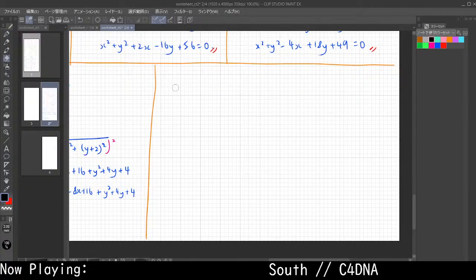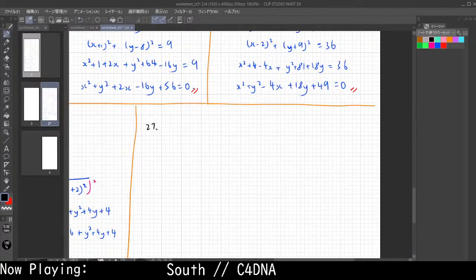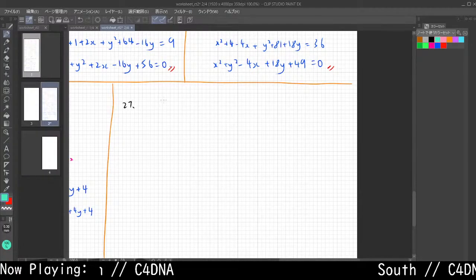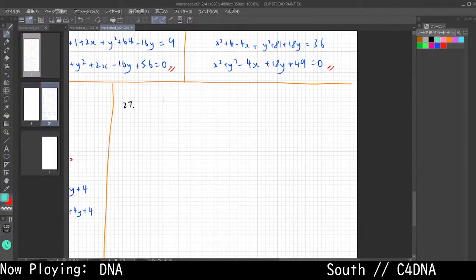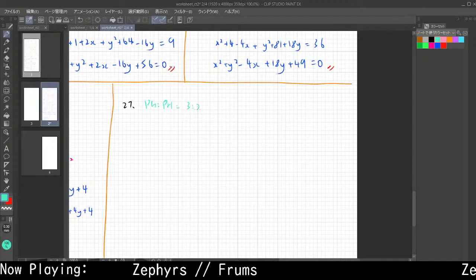It's basically the same idea. PG to PH is 3 to 2.